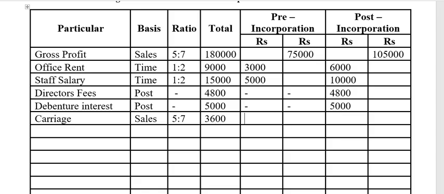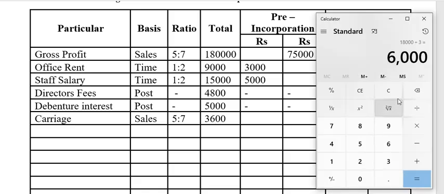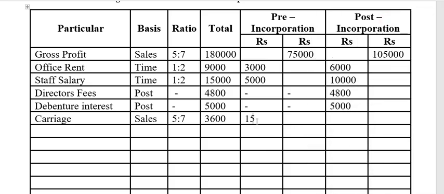So distribute 3,600 on the sales ratio 5:7. 3,600 multiplied by 5 divided by 12 gives 1,500 for pre-incorporation.